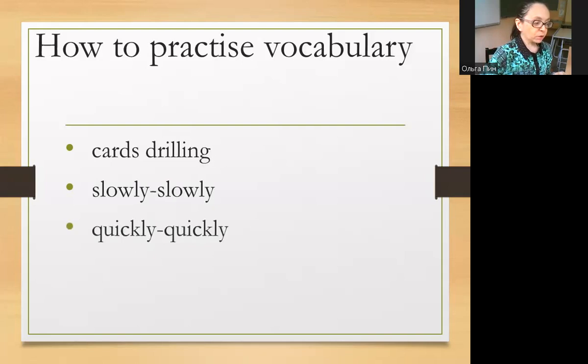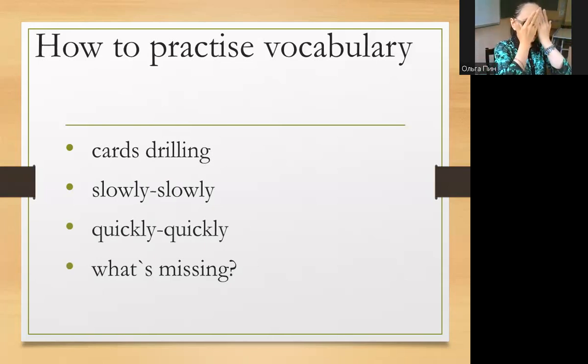Quickly, which means you show them the card for as short a time as you can, and they also have to notice and name the object. Then, what's missing? When you place the cards, then have your students close their eyes, take away one of the cards, and the students have to name the item missing.